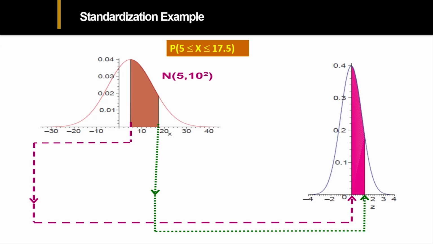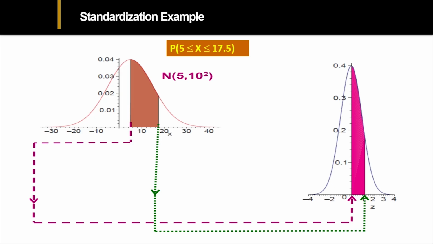So what if we want to determine what the probability that a value sampled from this distribution is between 5 and 17.5? There are ways to calculate that directly, but if we want to standardize this distribution, we shrink that normal distribution that has the mean of 5 and standard deviation of 10 to the graph on the right side that now is centered at 0 and has a standard deviation and variance of 1.